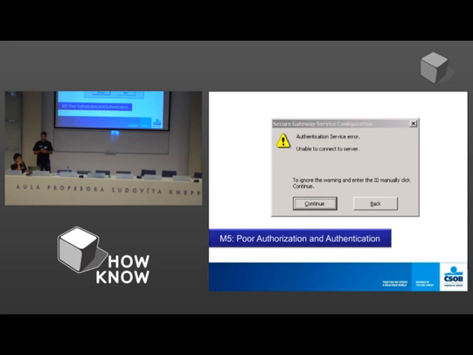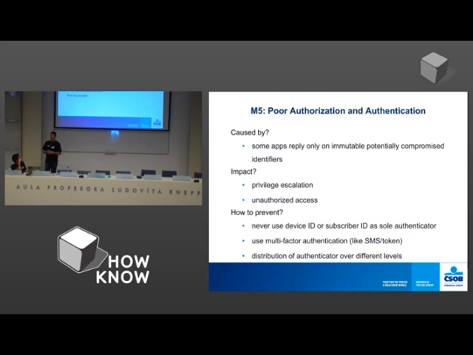Risk number 5, poor authorization and authentication. Well, I don't think I need to explain a lot about it because the title says it all. Some applications are simply not well protected. They rely on immutable, potentially compromised identifiers.